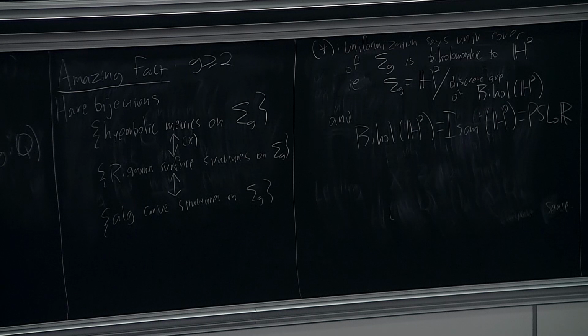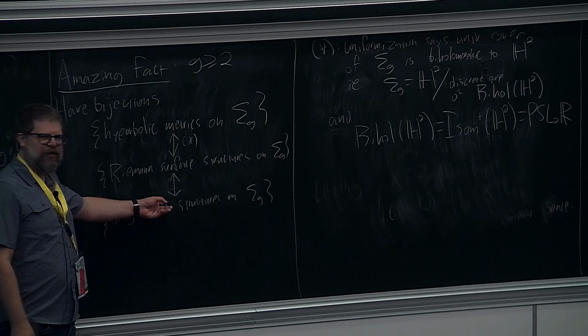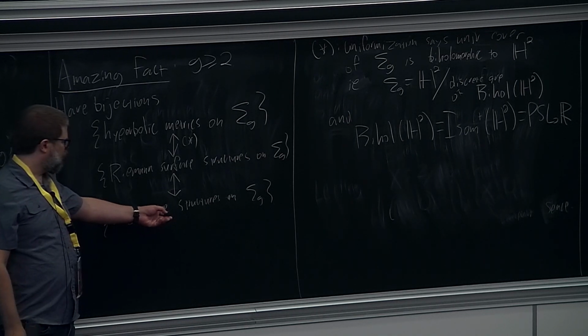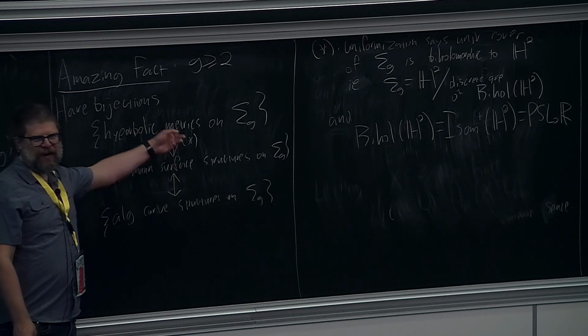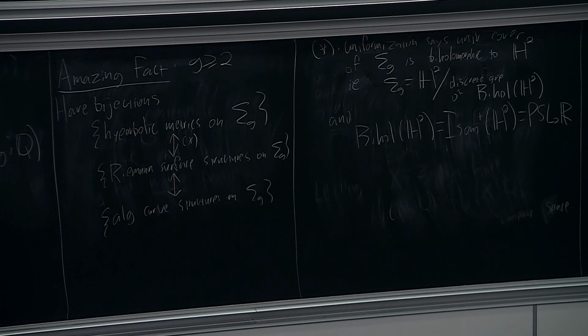So I'm writing my surface as the vanishing locus of a bunch of polynomials in projective space. Okay, and these are the same thing. So there is a forgetful map here. If you have an algebraic curve structure, you've written it as the vanishing locus of polynomials in projective space. Just remember the Riemann surface structure. But the other direction, quite... Okay, it follows from Riemann-Roch.